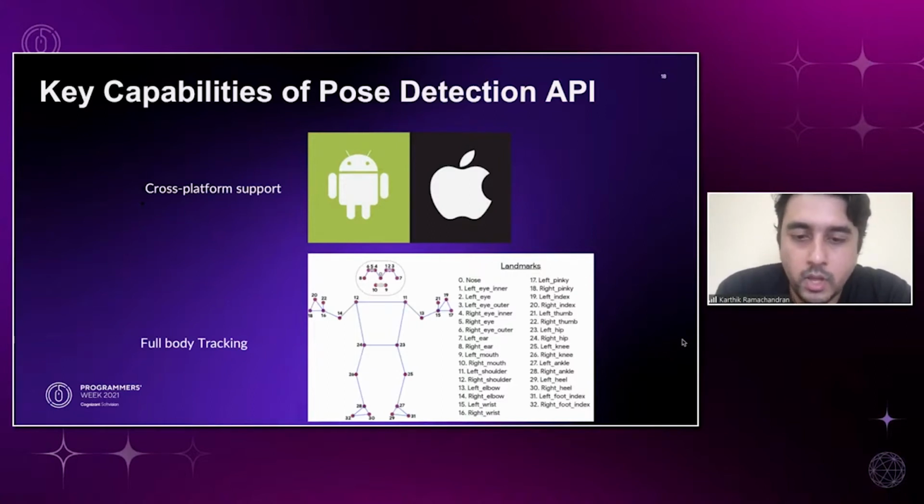Using the camera, it will provide a bunch of landmarks, 33 landmarks, right from the eyes to the foot, and it will populate them onto the screen. And this is called full body tracking.